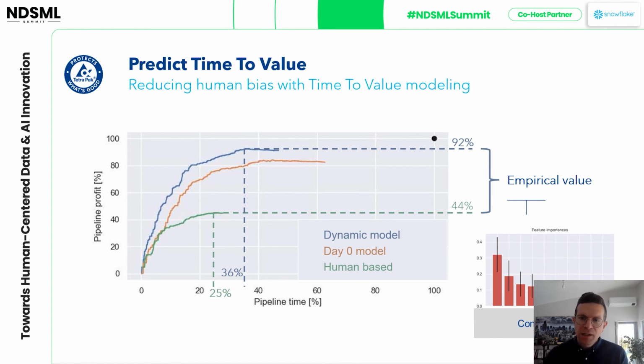What we have seen is that by doing this model and backtesting this model compared to our previous prioritization, we could increase significantly the productivity. And this productivity at the end is what we would like to maximize. Again, this is a backtesting result.